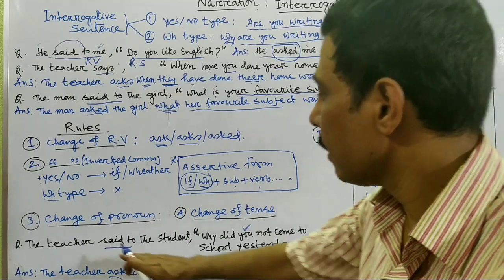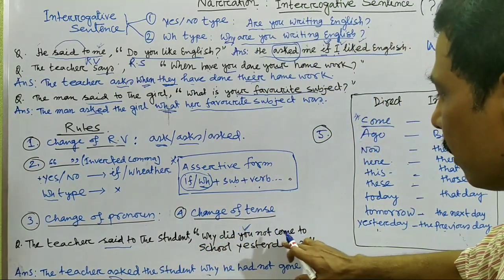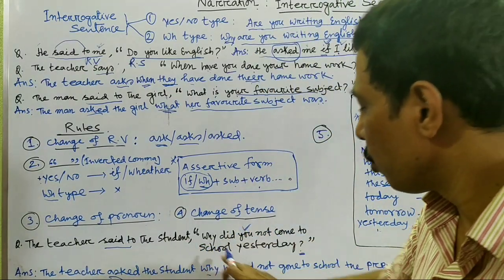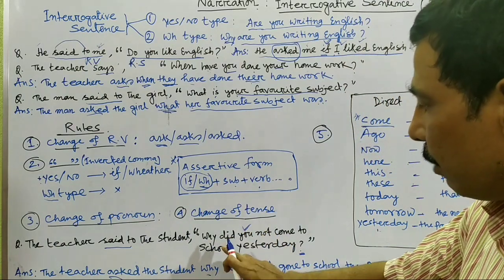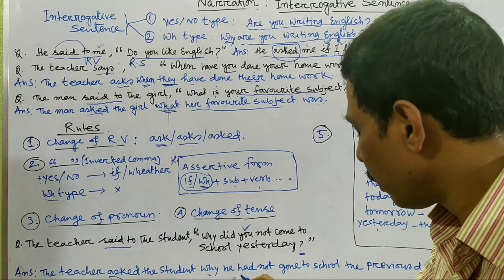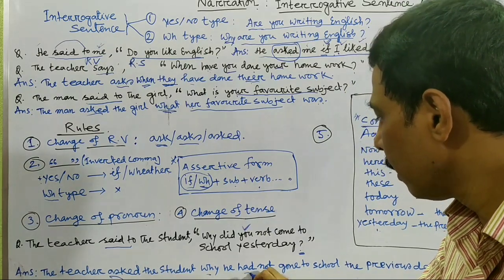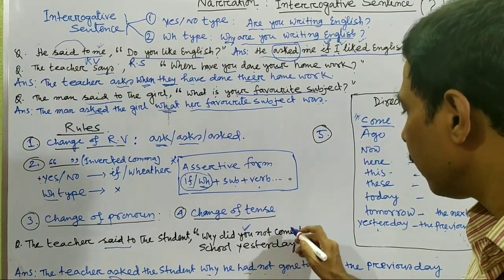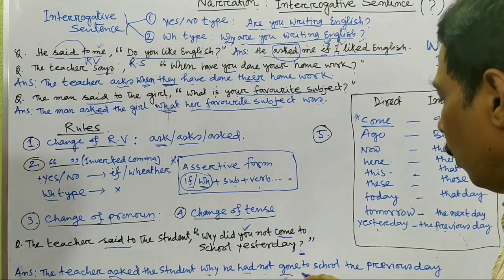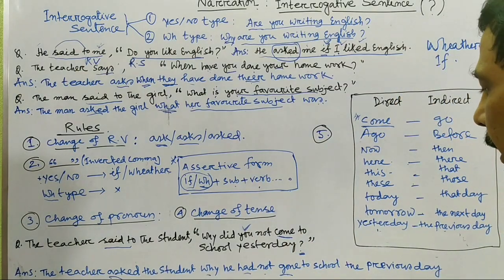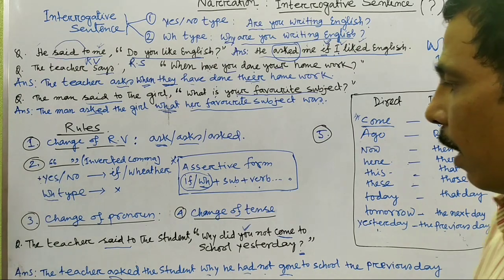Why he? As it is past tense and it is in past indefinite, it changes into past perfect. So past perfect form, subject, then had not gone. Here come changes into gone. Had not gone to school the previous day.